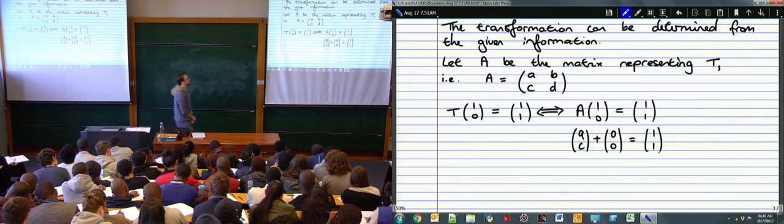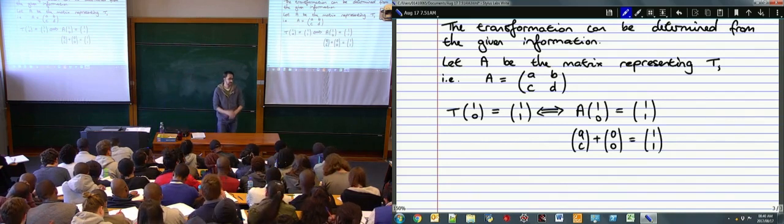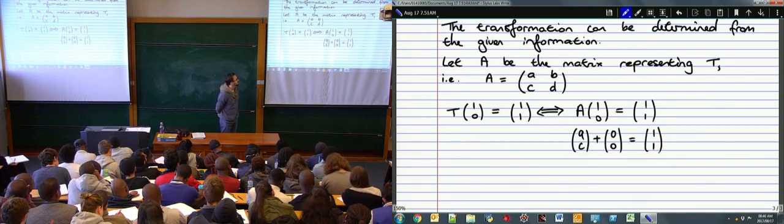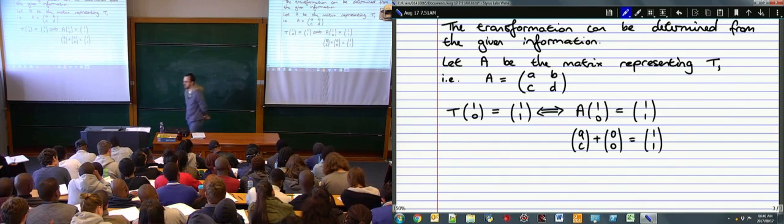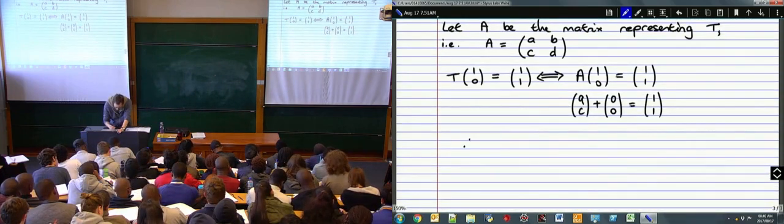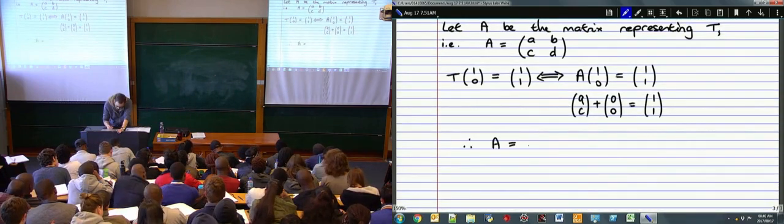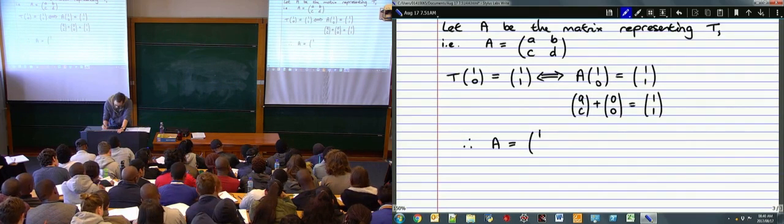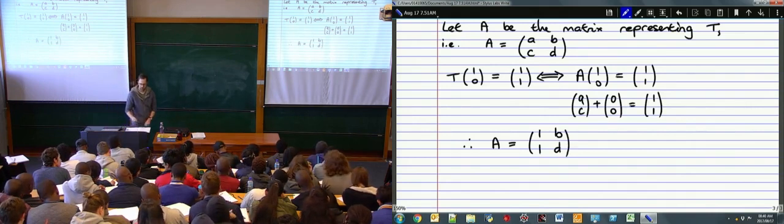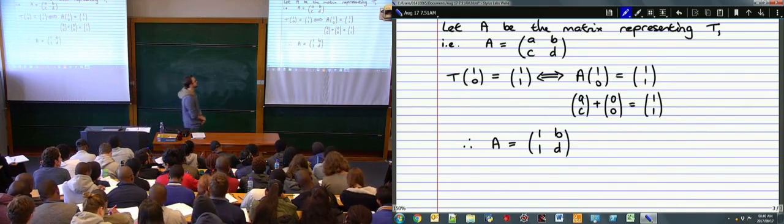There I've just used the fact that matrix multiplication is a linear combination of the columns of A. So A is equal to 1, C is equal to 1, and B and D we still have to determine.